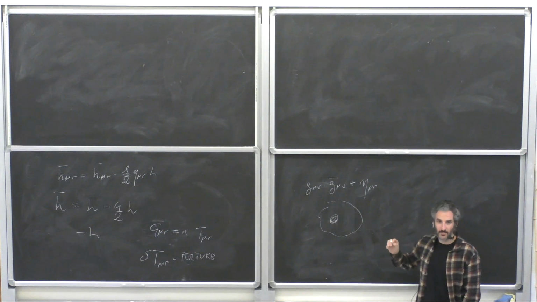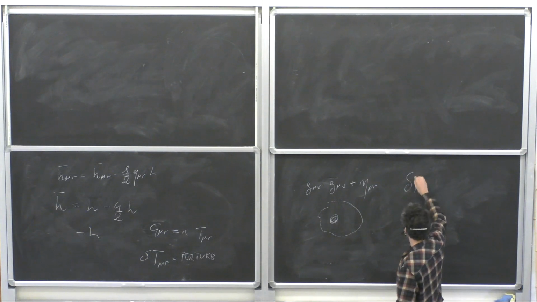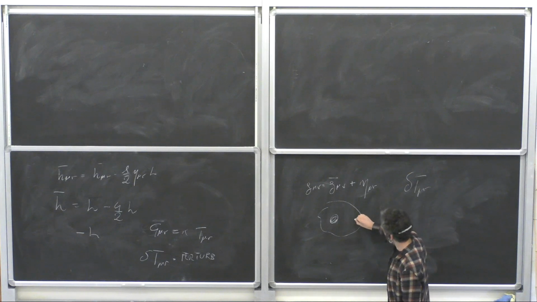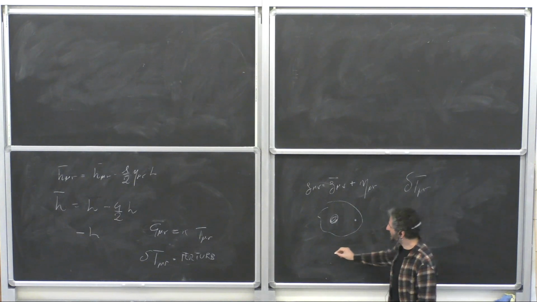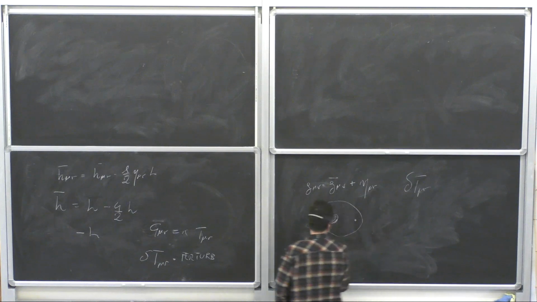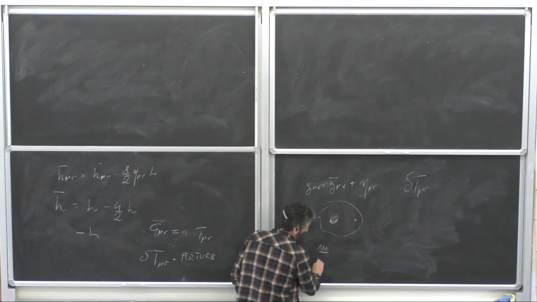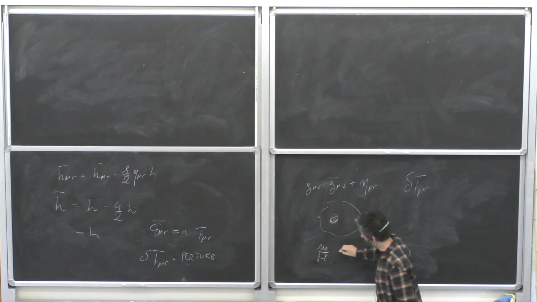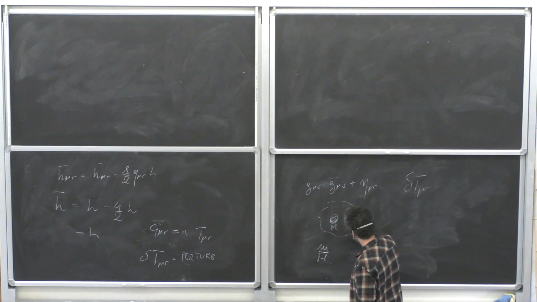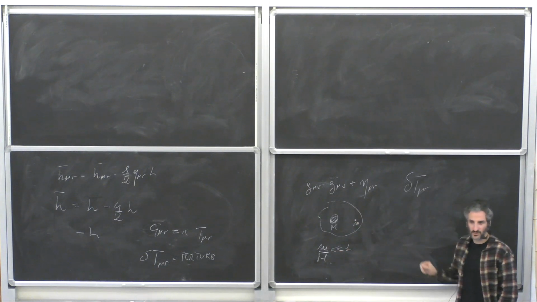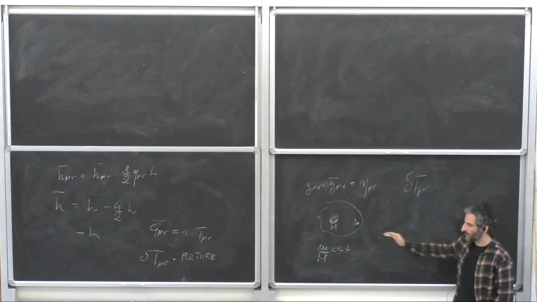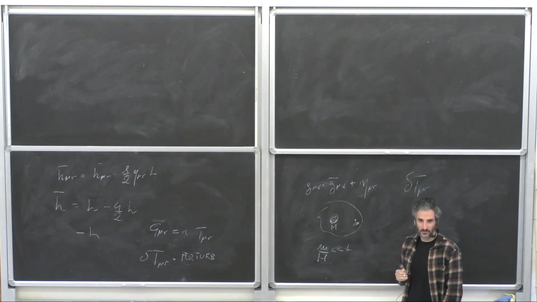And then you put an external perturbation, a delta T, which could be given, for example, by a particle. You have a very small particle such that the mass ratio, m over capital M, is much smaller than 1. So it's really like a particle affecting lightly the background geometry.